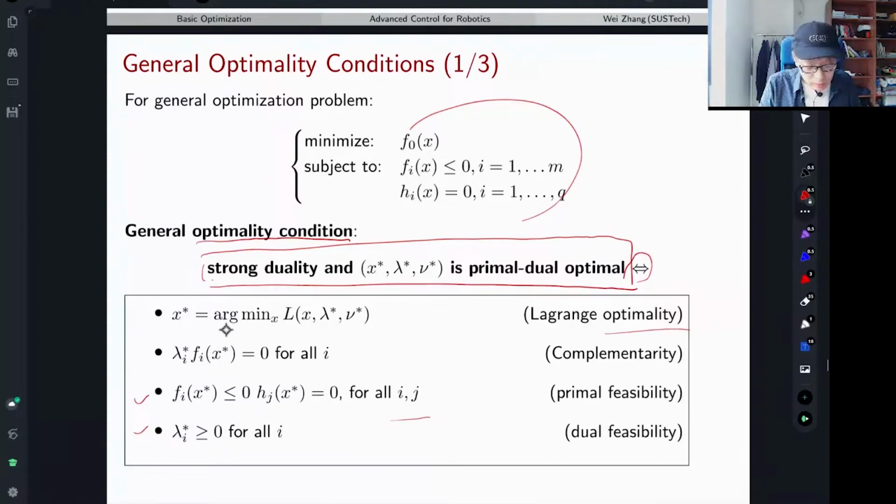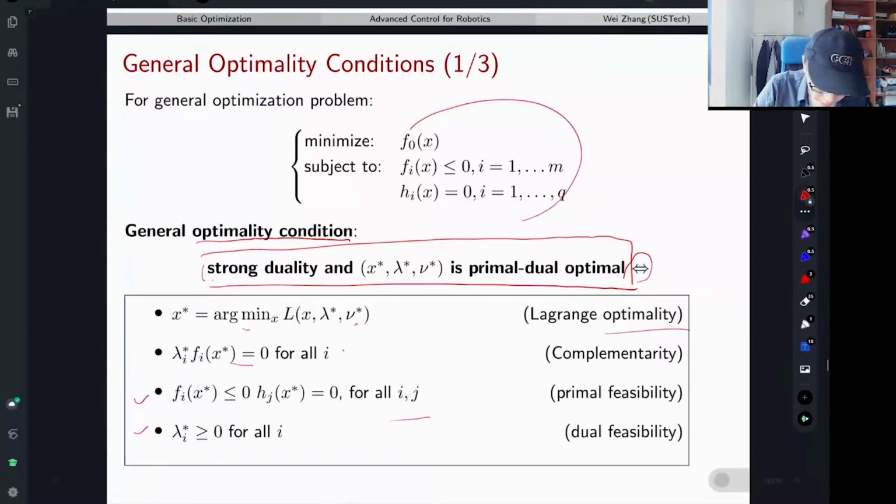One condition is that x star has to minimize the Lagrangian for the given dual optimal solution. And the complementarity condition is that the multipliers associated with the inequality constraints satisfy: multiplier times fi of x star has to be 0.